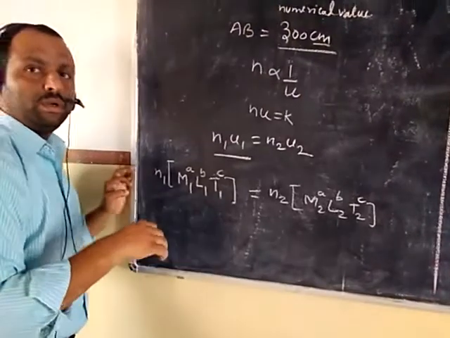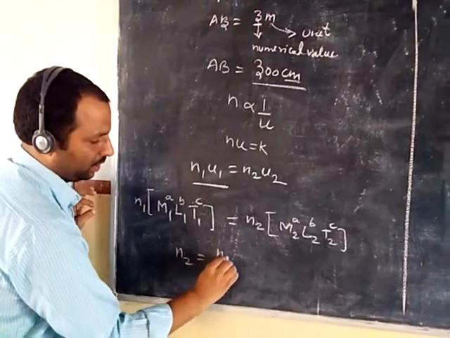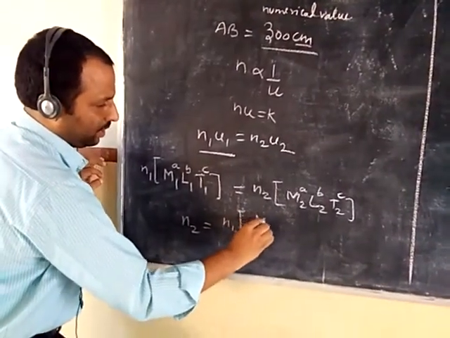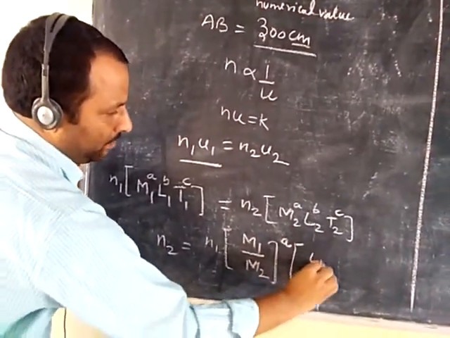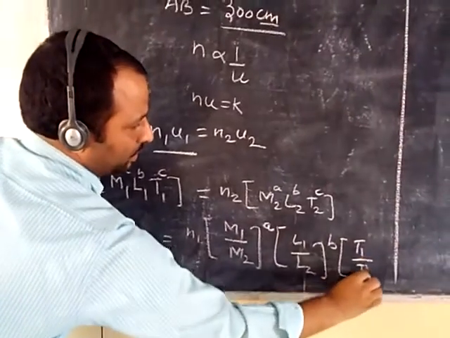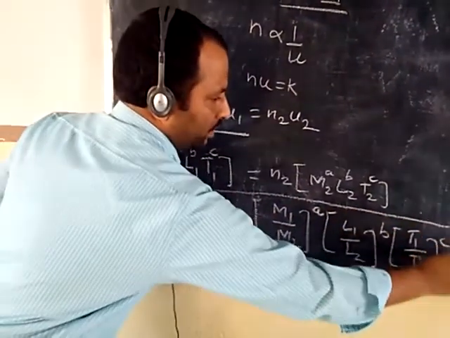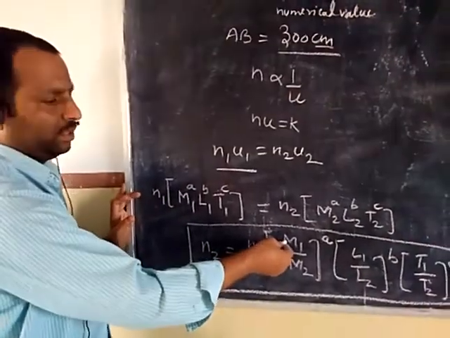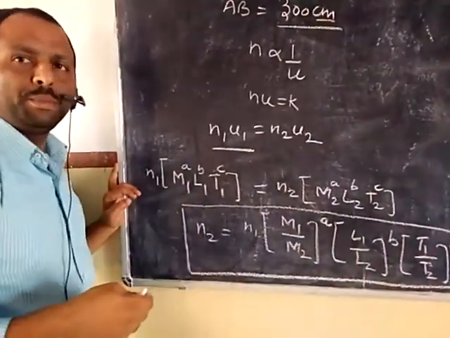We have to convert one system into another, so we take N2 is equal to N1 into M1 upon M2 to the power A, L1 upon L2 to the power B, and T1 upon T2 to the power C. We will use this formula to convert one system into another, and most probably we will write all the SI units in the numerator portion and the CGS units in the denominator portion.